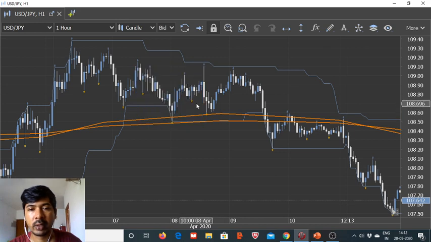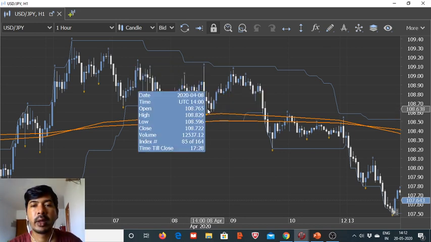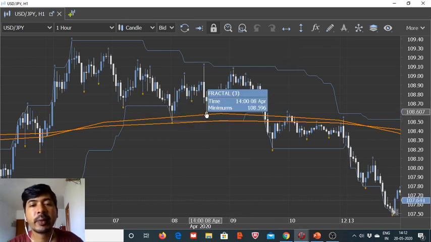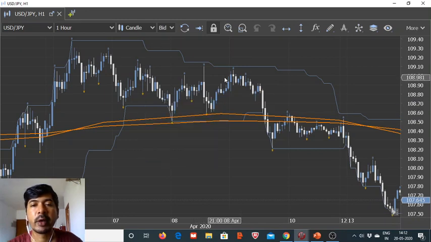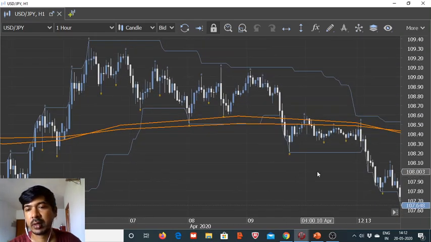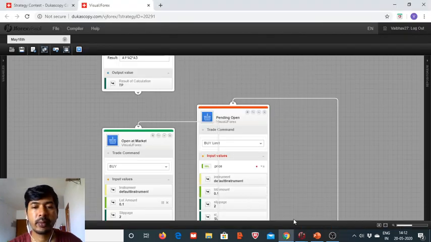It might hit the loss, or it might survive, and if it is a loss, poor luck. If it survives, then maybe somewhere here it might hit or might not hit the target. Even a trailing setup can be made. In the next few sessions we will do a trailing setup as well, but for today's session we are not doing a trailing setup.